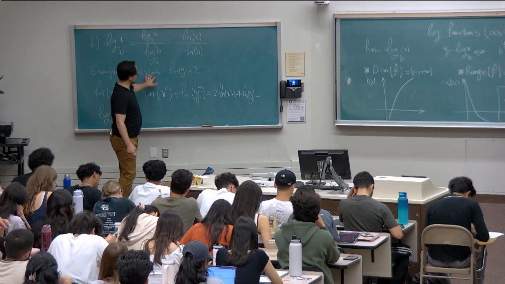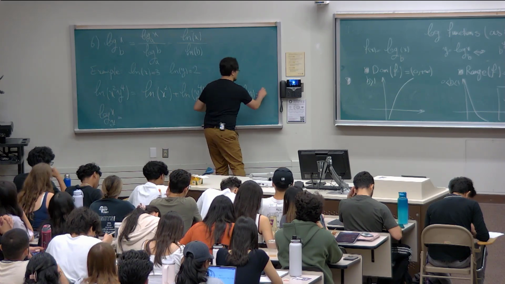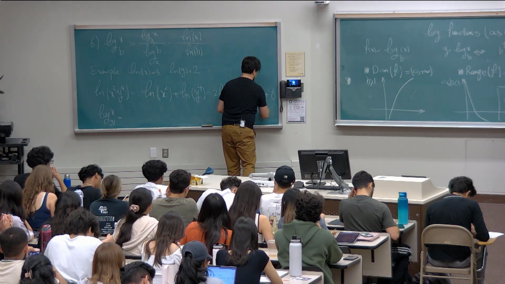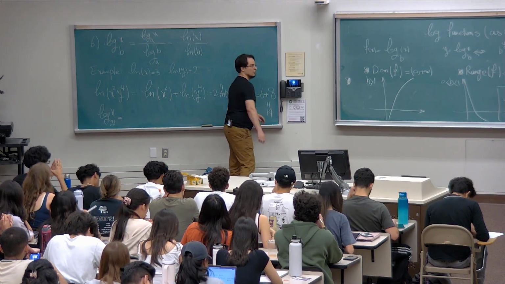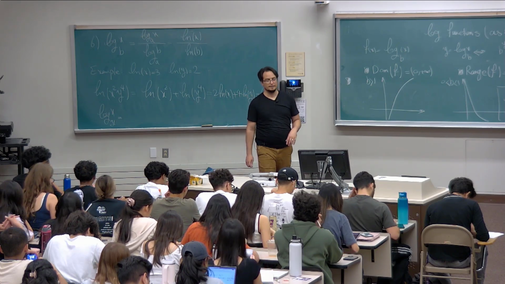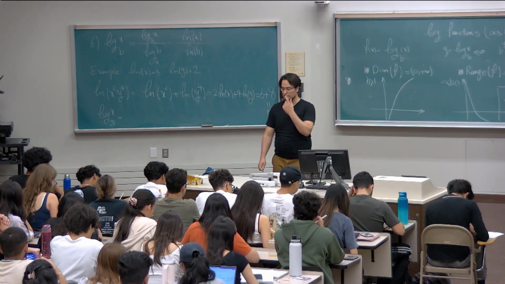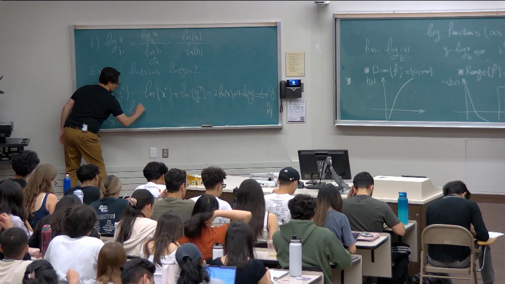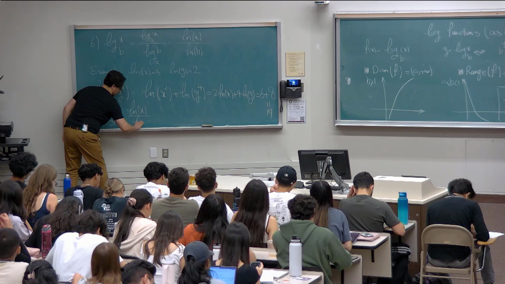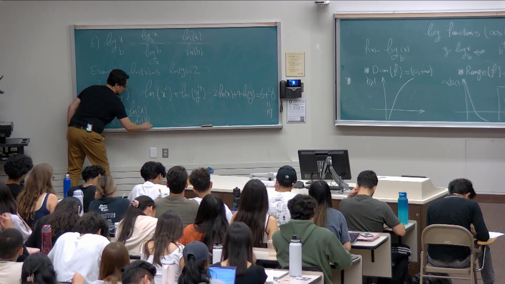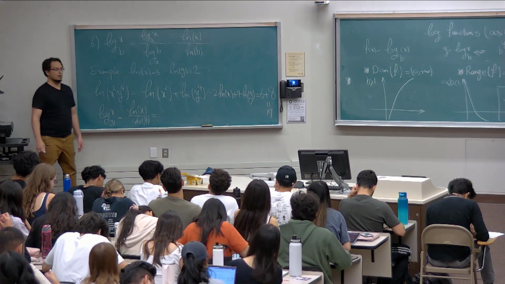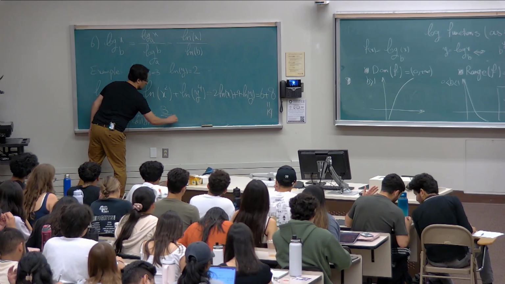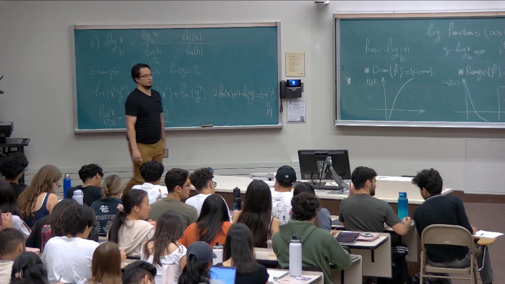I know that ln x is 3, so 2 times 3 is 6, plus 4 times 2 is 8. That is 14. And this is just simple ln x over ln y. That's change of base. Ln x is 3, ln y is 2.